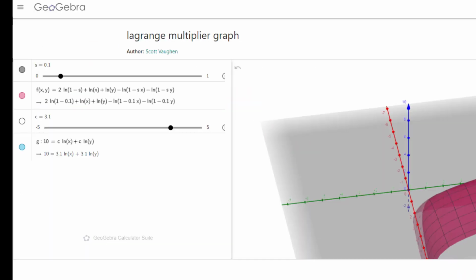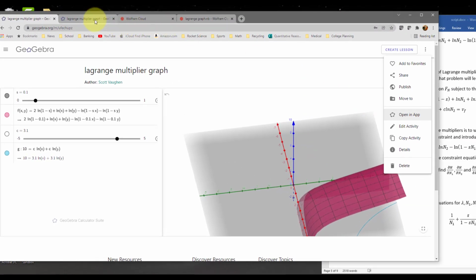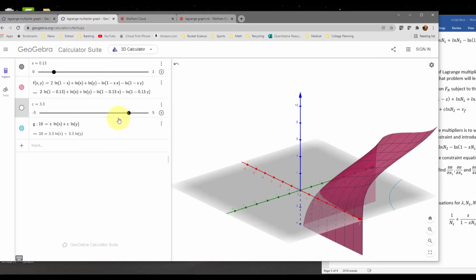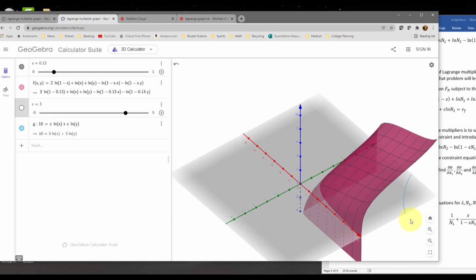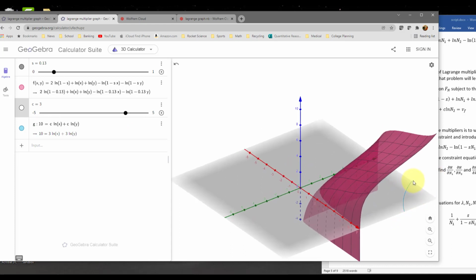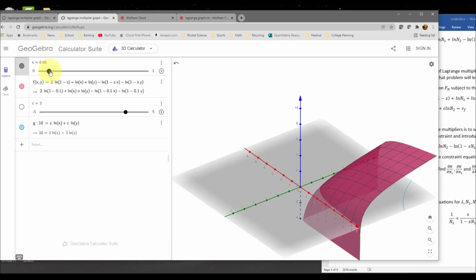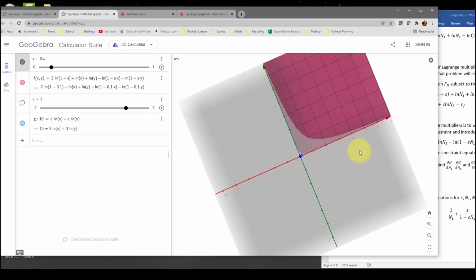Let's go back and look at that here. Here I have c equal to 3 and the final velocity equal to 10. So that's showing up as that blue curve right there. That's the constraint. So we're trying to find a point along that curve where you have a minimum for this, where s is, let's say, 0.1. So what is that value?